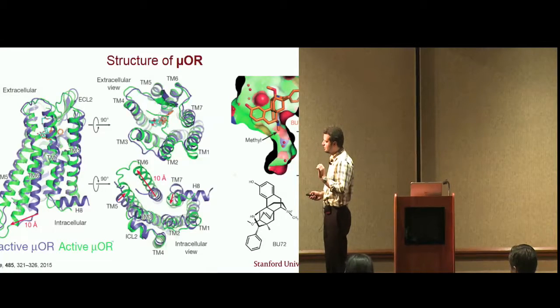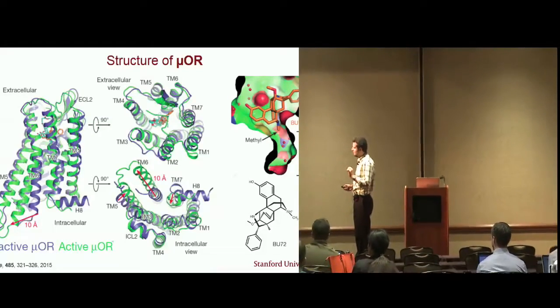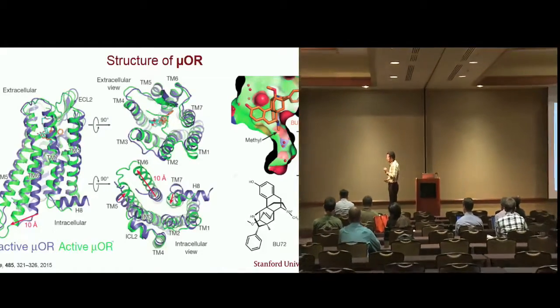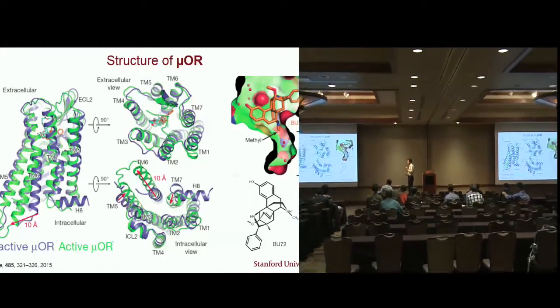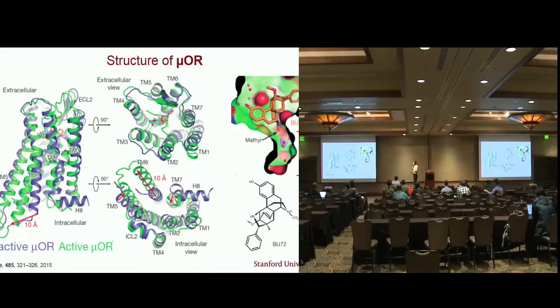The co-crystallized ligand bound here is called BU72, which is a high affinity opiate. The ligand is put here, and the G protein is bound downward in the cytosol. And then there is a 10 angstrom movement of TM6 which is observed. But there's no detail of the intermediate steps which this ligand creates in order to activate this receptor.